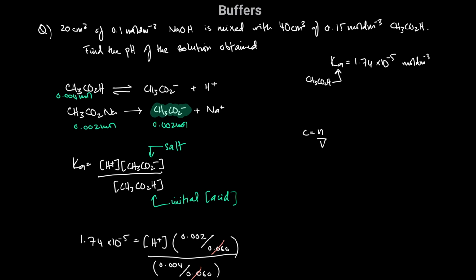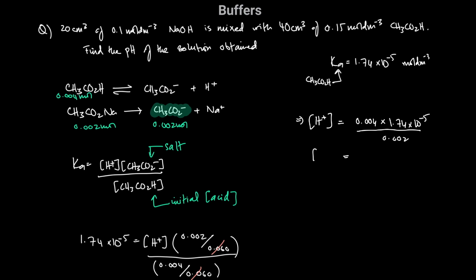So what you end up with here is that the concentration of H plus is equal to 0.004 times 1.74 into 10 to the power of negative 5 divided by 0.002. So that comes out to what?